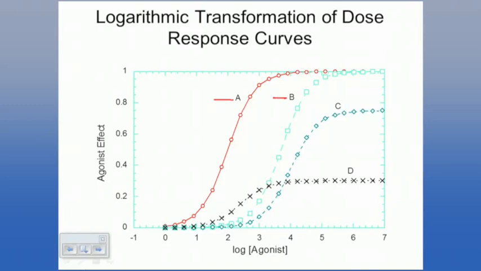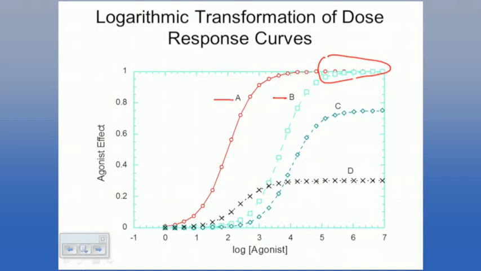Their Emax is attained in and around here, and they match each other. They have an equal agonist effect. So drug A and drug B have the same Emax, and they're equally efficacious. The next question, however, is, are they equipotent? Do they share the same degree of potency?